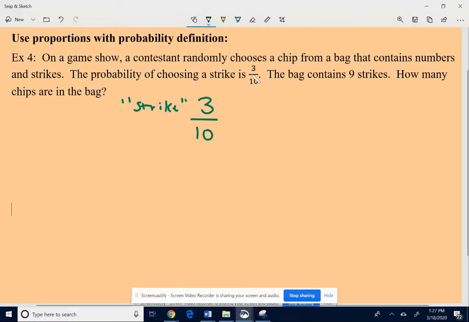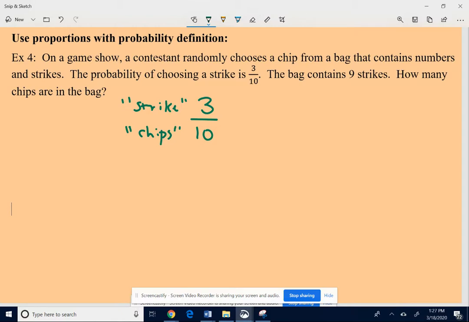And the bottom number would represent all of the chips in the bag total, because remember, probability is favorable over total. So the 10 represents all of the chips, the total chips.